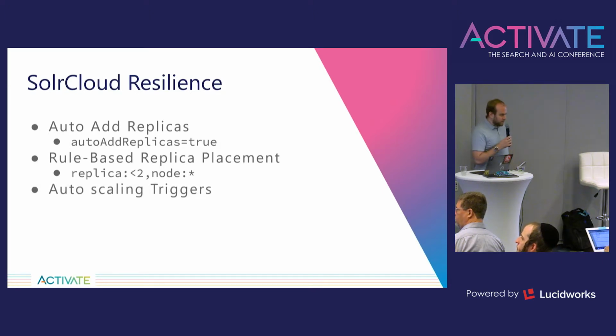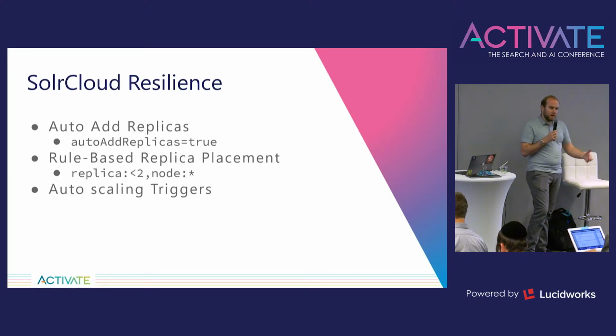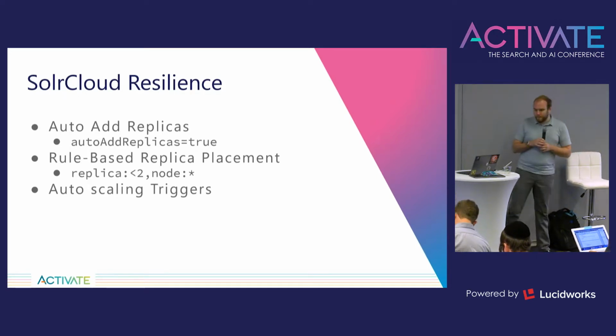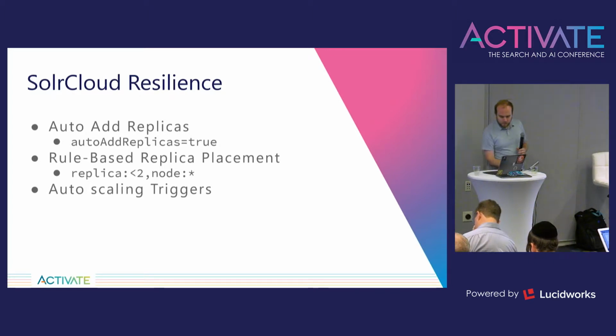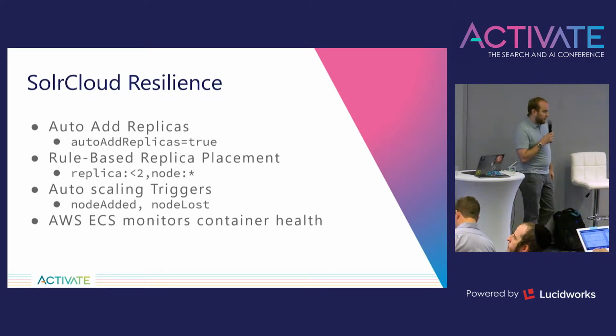So we're using auto-scaling triggers as well. Like I said, that auto-add replicas sets implicitly a trigger in SolrCloud to say, if a node gets lost or a node gets added, make sure you take the corrective actions to add the replicas back. Node added, node lost. So we use AWS ECS to monitor container health.